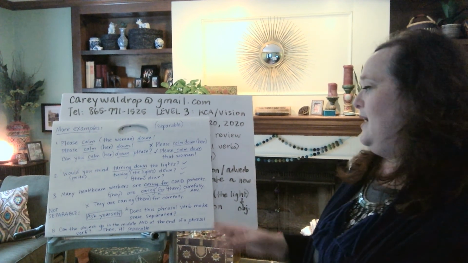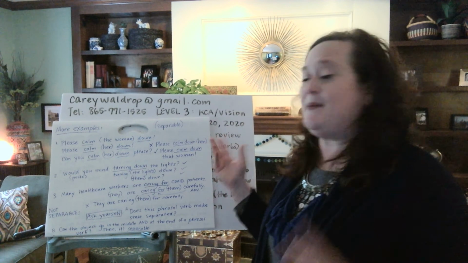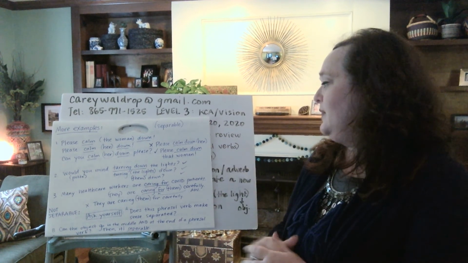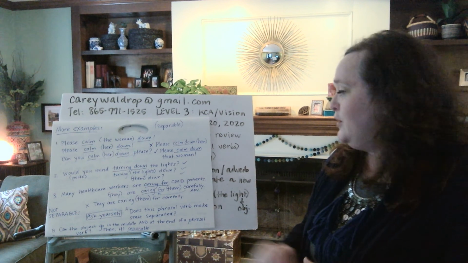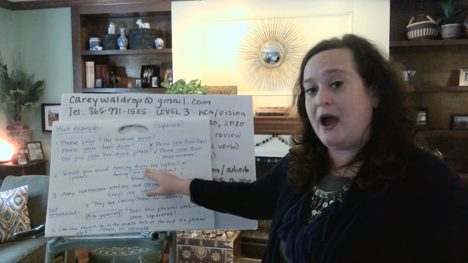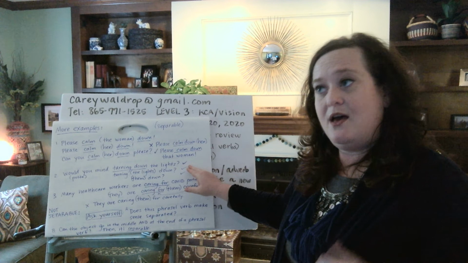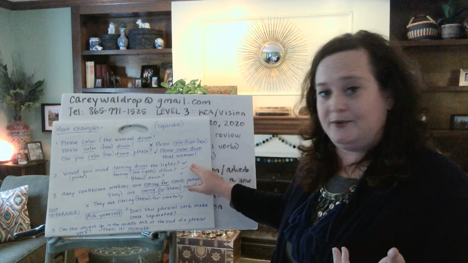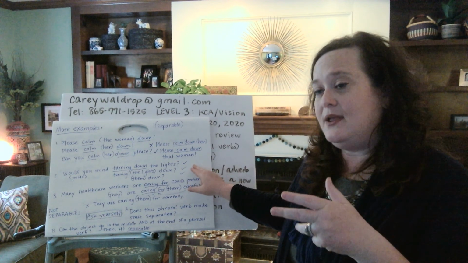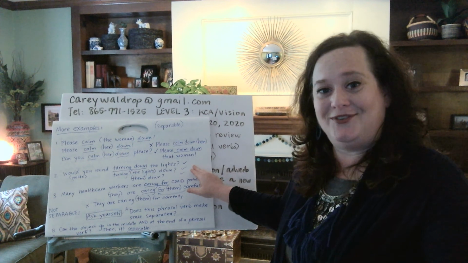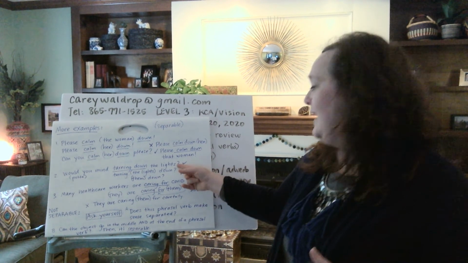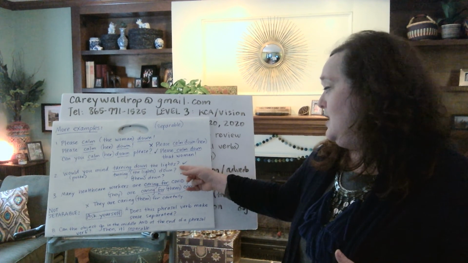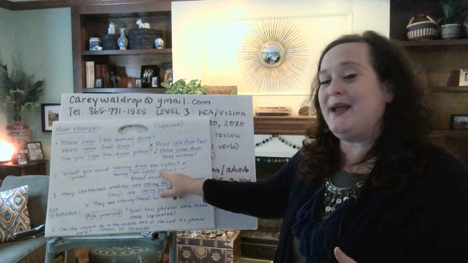Okay. So let's do maybe one more example. Number 2, polite question. Would you mind turning down the lights? The lights is the object. Turn down became progressive tense, right? Okay. So the lights are the object, and I can separate this one.